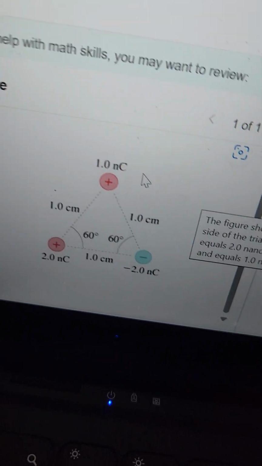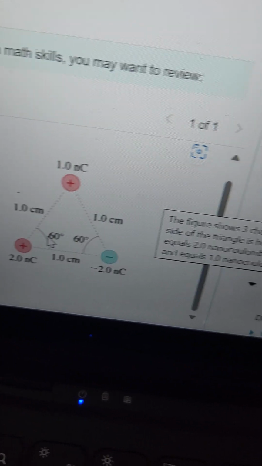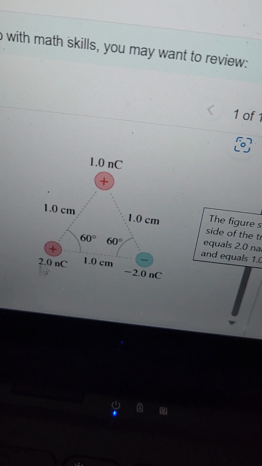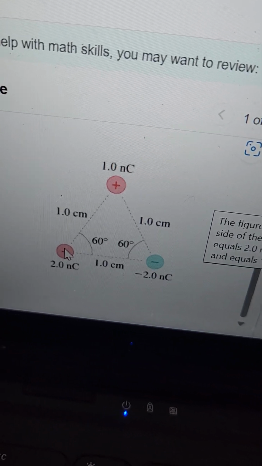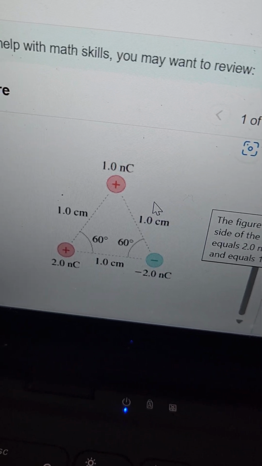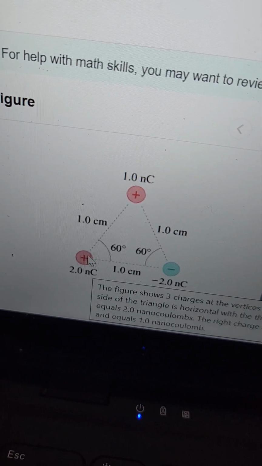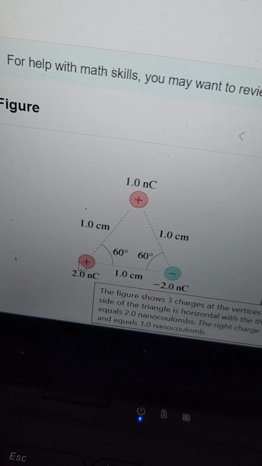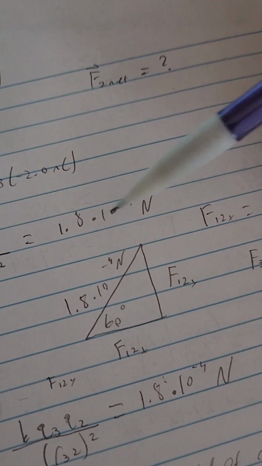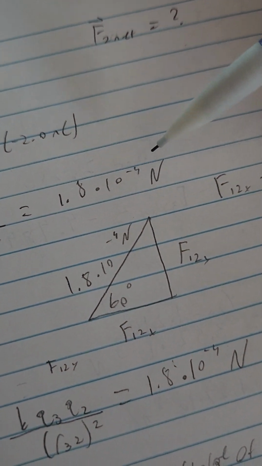So the first thing you're going to want to do is find the net force, and then you can solve for the x component of those net forces. First, let's find the net force of particle 1 on particle 2, which you should find to be 1.8 times 10 to the negative fourth.